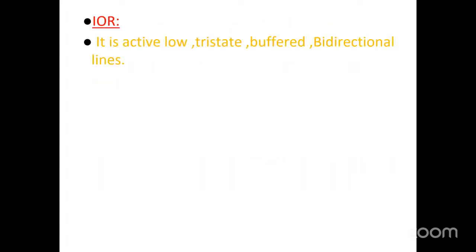Next, read and write pins. If they ask you this for only 4 or 5 marks, like what is the purpose of the DMA controller, or what are the features of DMA controller, then you can explain: after establishing the connection between the two external devices, the 8086 processor is not involved in the data transfer.